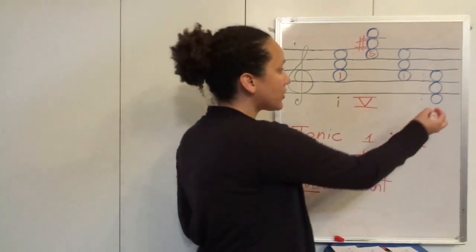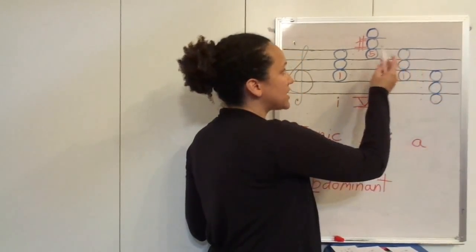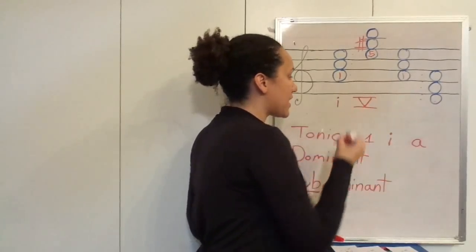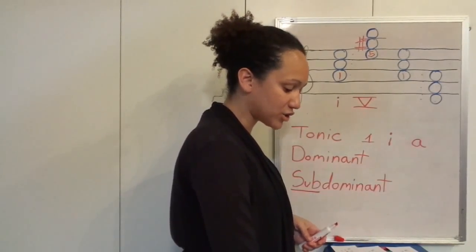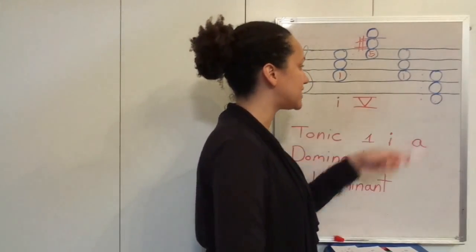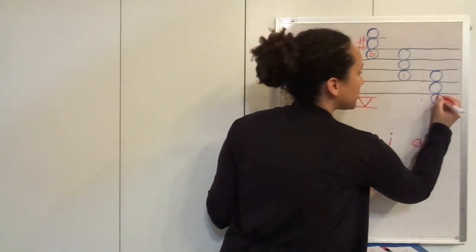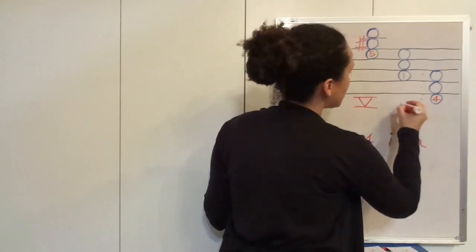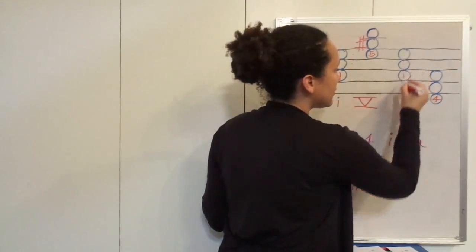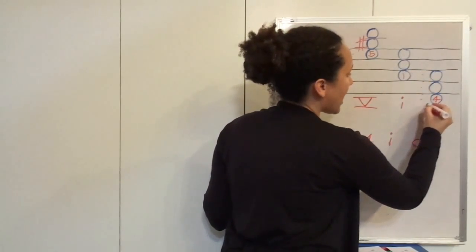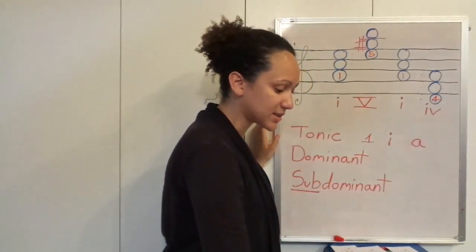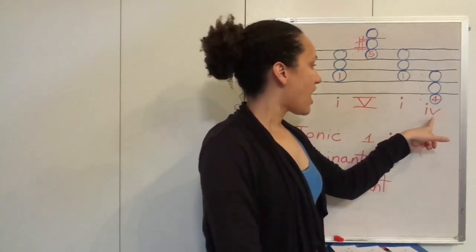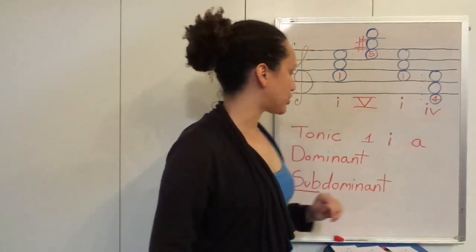Now, we can't call this 5, of course, because the E is already 5. So we're going to number them from the bottom up. If we start with A, 1, 2, 3, 4. D is the 4th. So I'm going to put a big 4 there, and we'll put I here for 1, and IV, because it's minor, it gets lowercase, IV for 4, so those are Roman numerals.